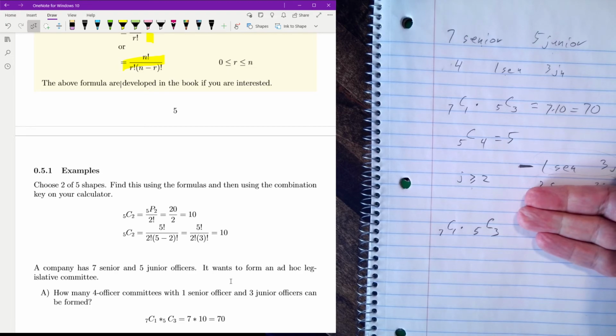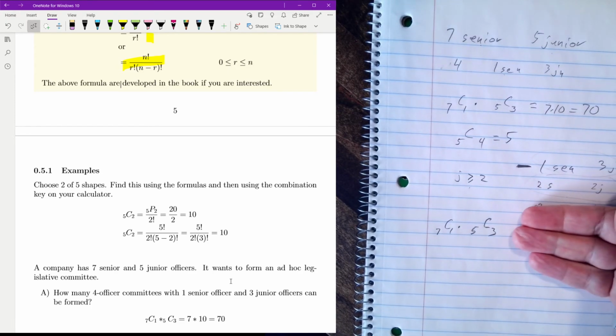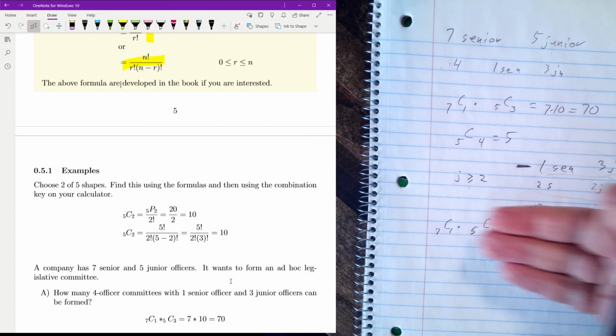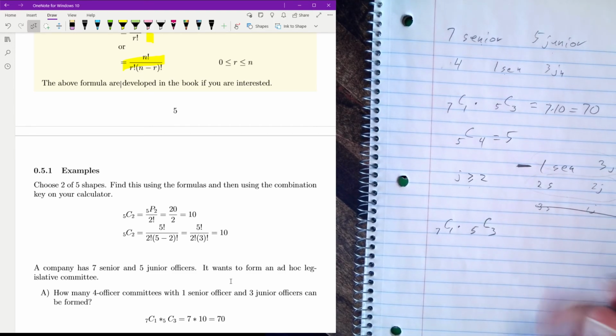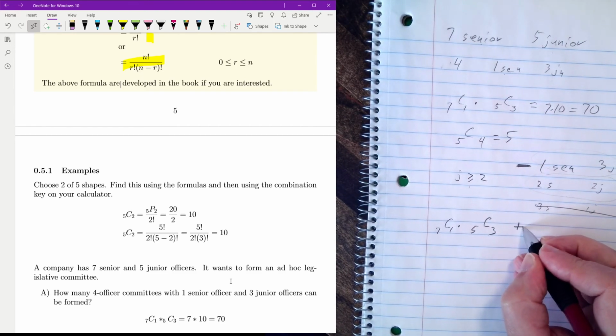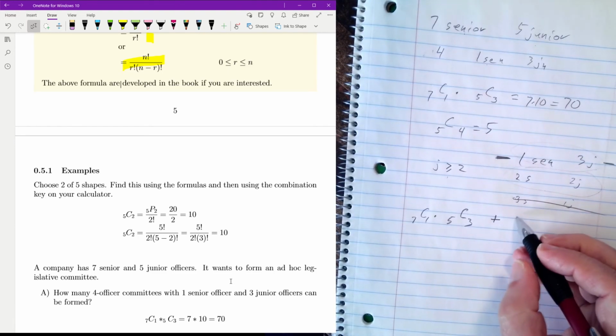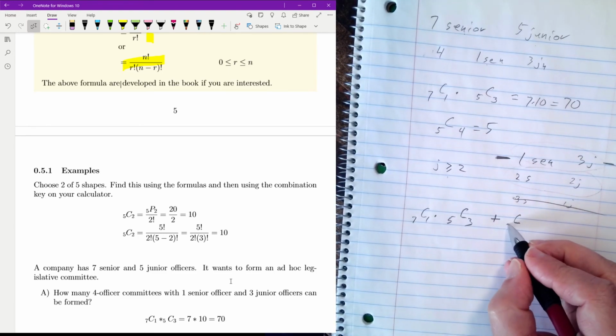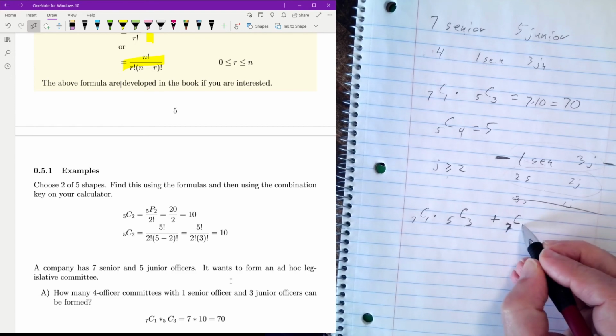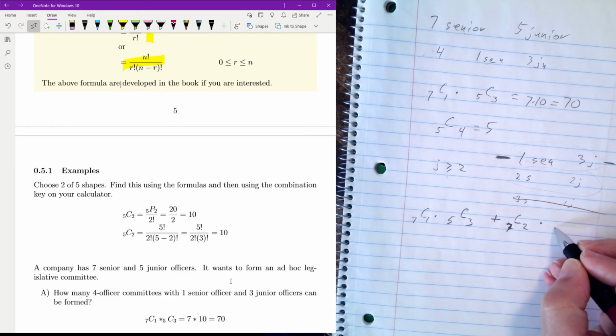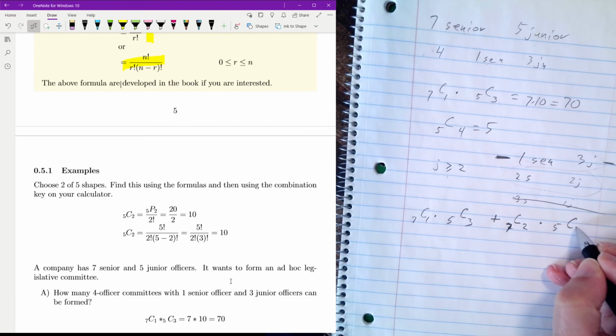So this is one of our possibilities. The other possibility is we can have a committee that's made up of 2 seniors and 2 juniors. So that is an addition, not a multiplication. So then we can do 7 choose 2 times 5 choose 2.